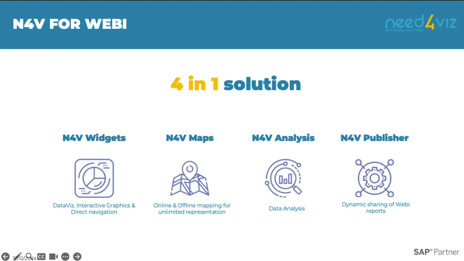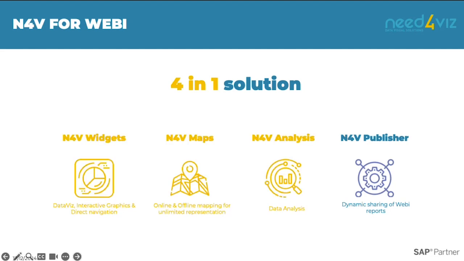The maps allows the integration of offline and online maps and custom plans directly into Webby. The N4V analysis is basically an advanced pivot table for in-depth data exploration. And what we're going to be talking about today is the N4V publisher, which is the focus of today's webinar, designed for distribution of information outside of Webby.